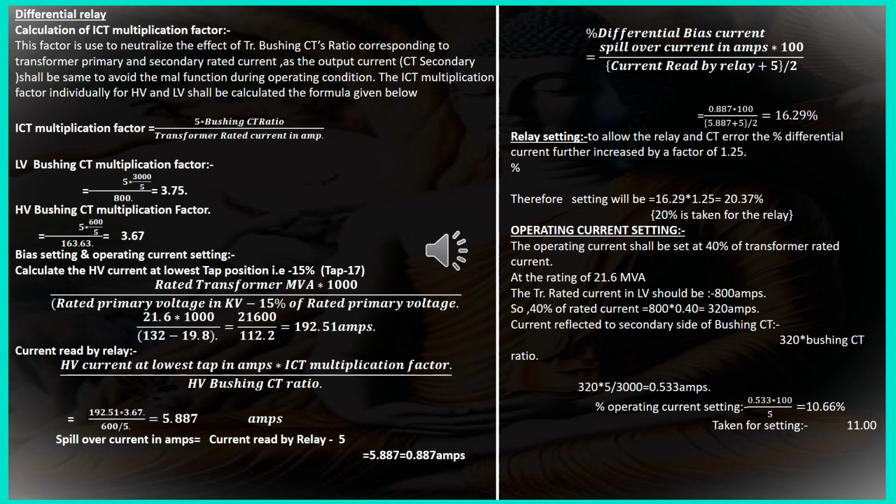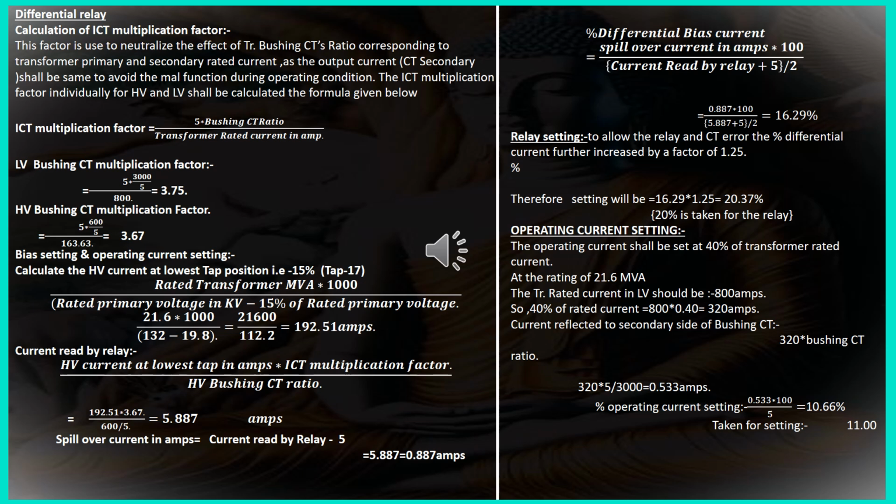Now in this system, the tap is more than the old one. Here also it has started from minus 15%, but possibly it has more taps. Later I will tell you, I have forgotten, because in our time it has just come, this 30 by 42 MVA.